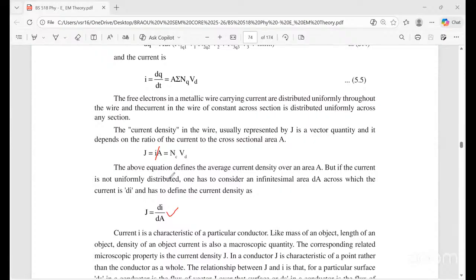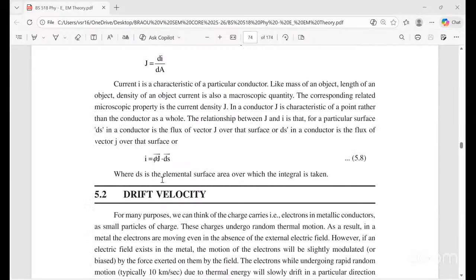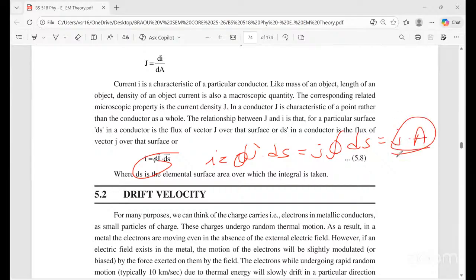By substituting, A gets cancelled and the remaining is this, the current density. So this may be representing a current value. How? Current I equals the surface integral of J.